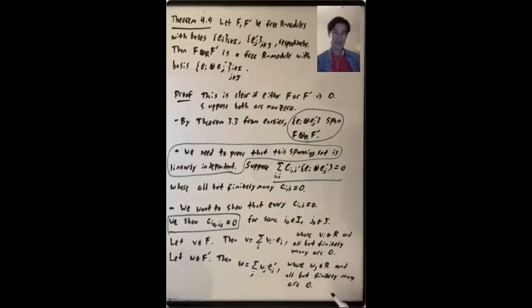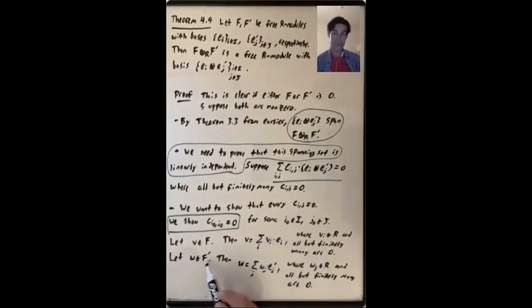All right, so now we've taken our element in our free module and written it as a finite R-linear combination of basis vectors. We can zoom in at what happens for the particular element i0 in our index set I: v_{i0} times e_{i0}.